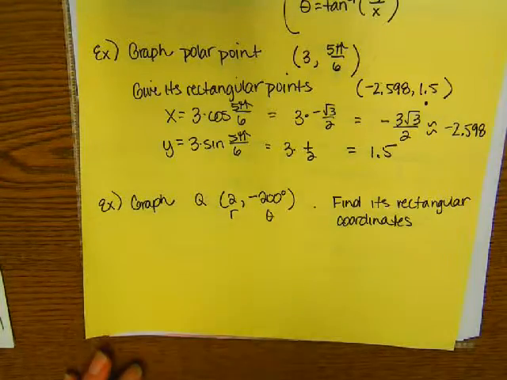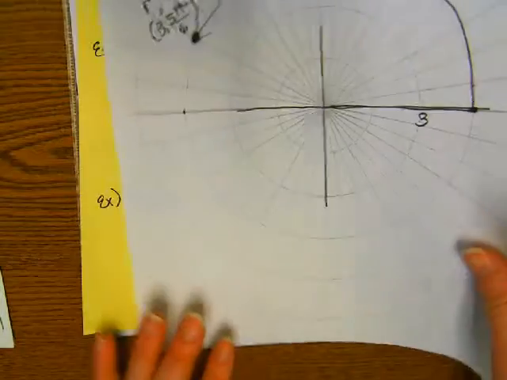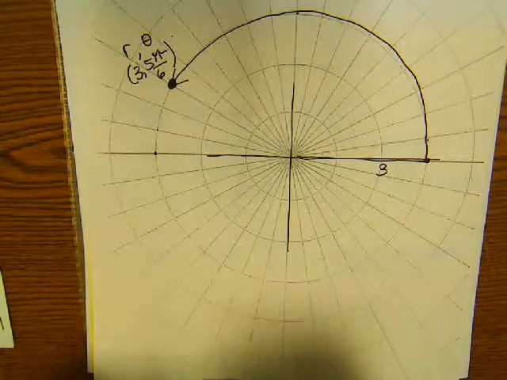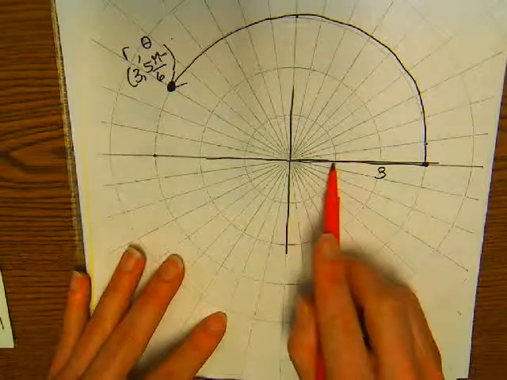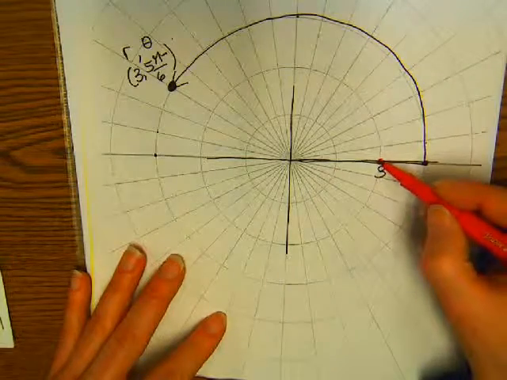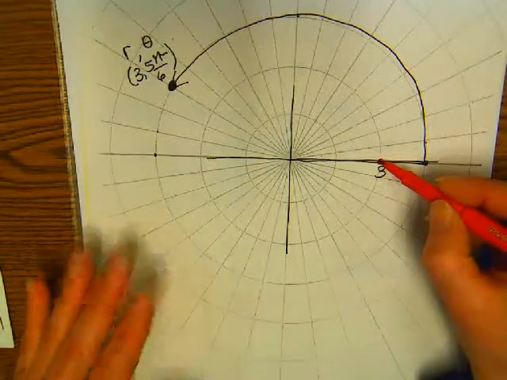Alright, so, get our polar paper out again. So I'm going to go 2 out, so it's right here, 2 away. And negative 200 degrees, remember how I said each of these was 10 degrees? So I'm going to go this direction now.